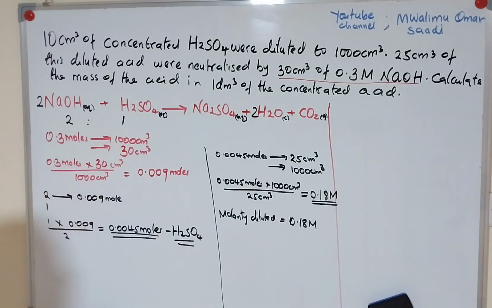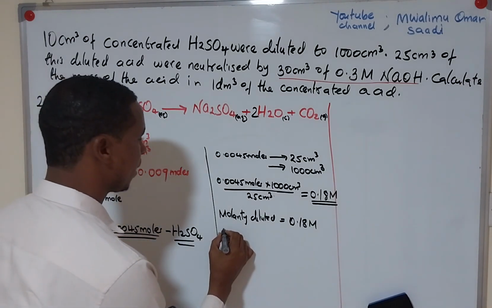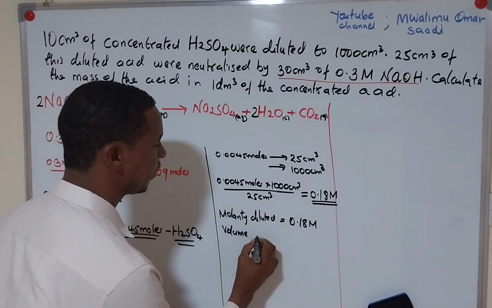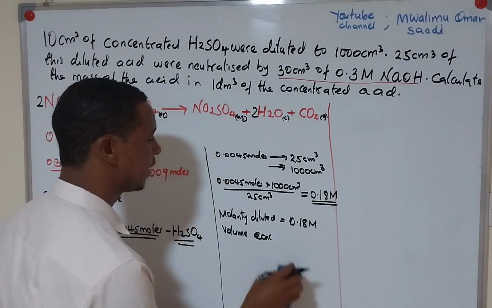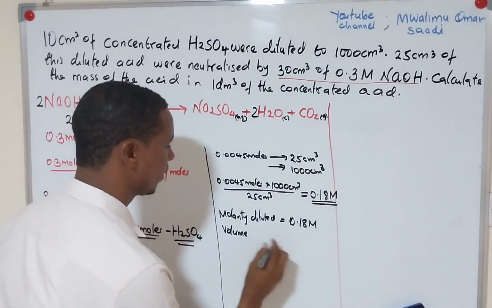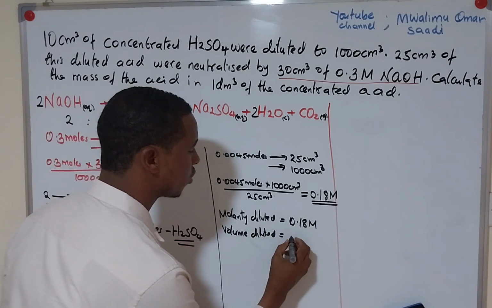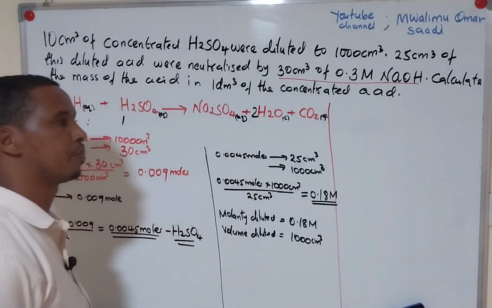And then the volume of the diluted acid is equal to 1000 cm³.